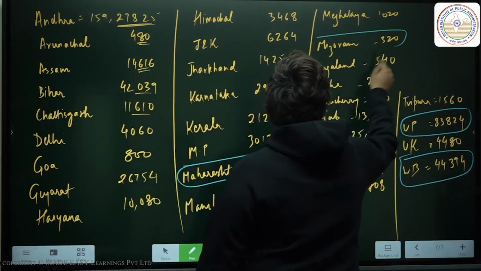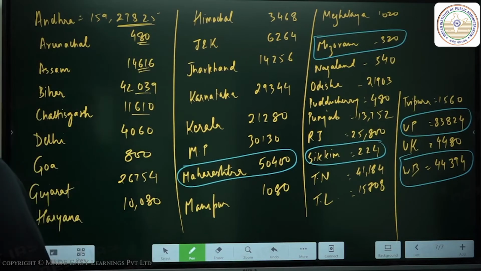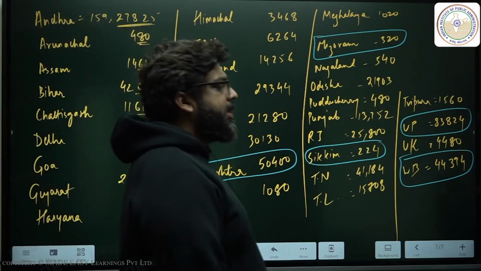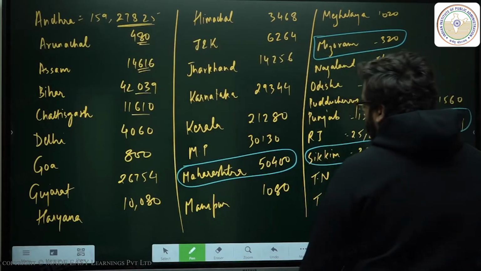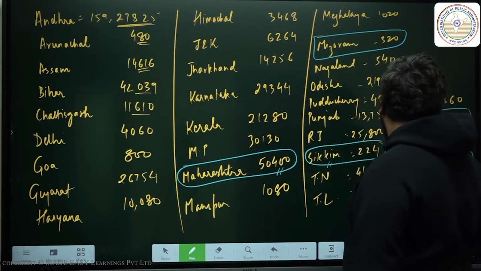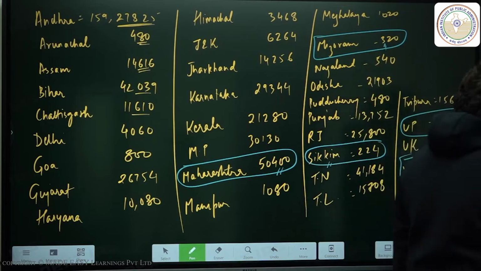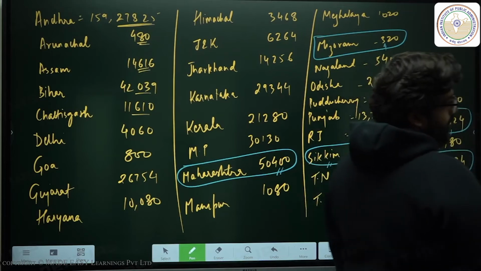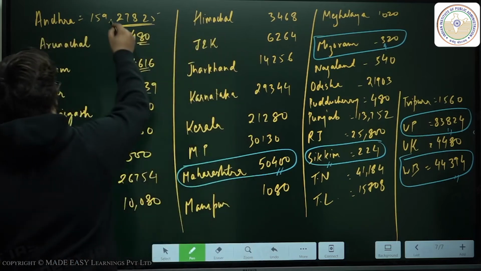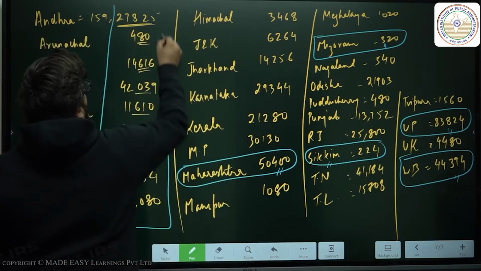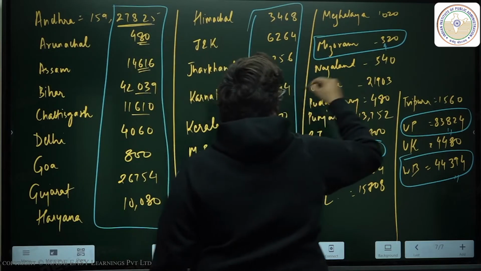You have Mizoram at 320. Okay? So these are some things that you can remember for the mains exam. ये आया समझ में कि ये numbers कैसे आ रहे हैं हमारे? Very good. So now we have to just add these numbers. Just add these numbers.